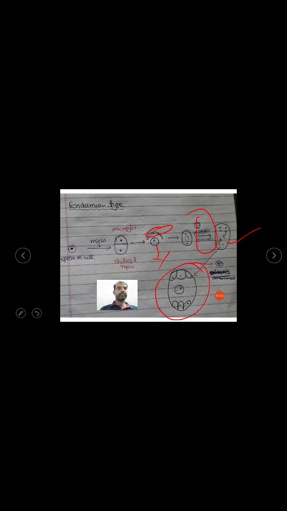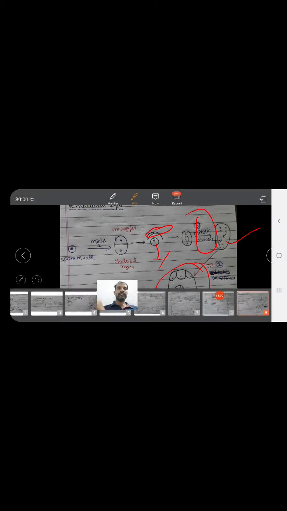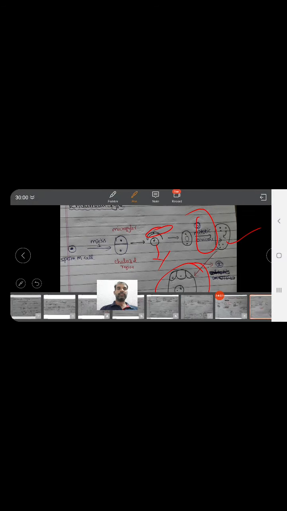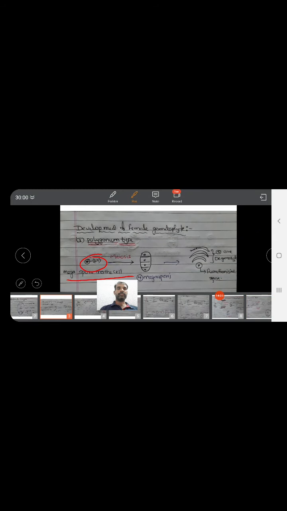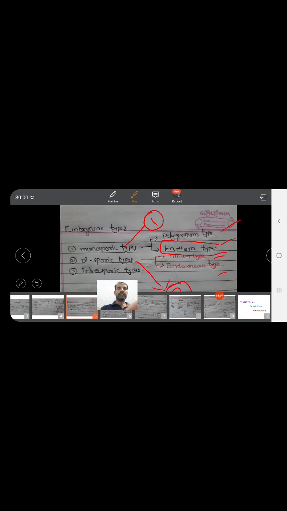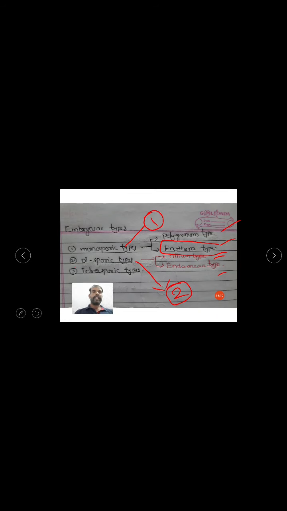Next one I can explain, actually, the tetrasporic type, where the cells are one place, one place, one place, one. Usually the tetrasporic type is nothing but, in megasporogenesis, the megaspore mother cell undergoes meiosis division producing 4 megaspores.